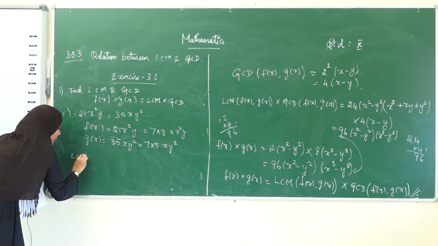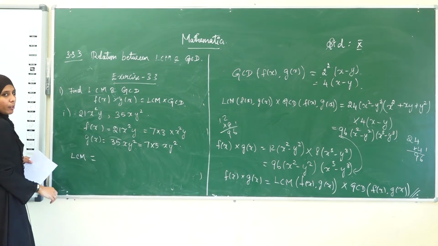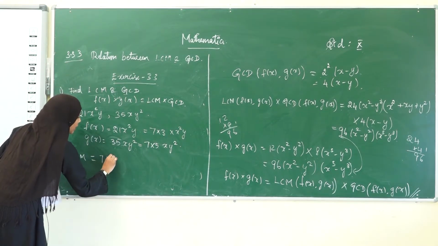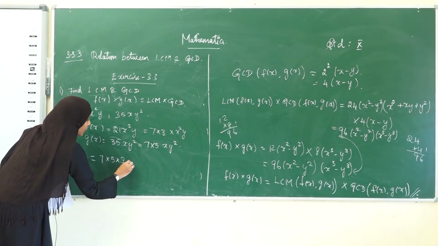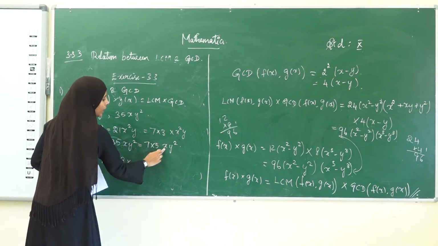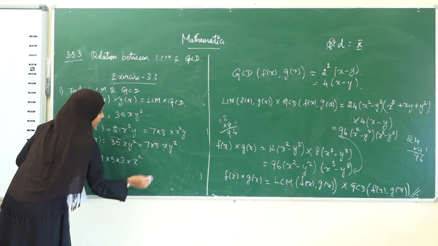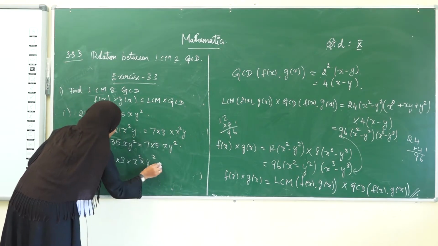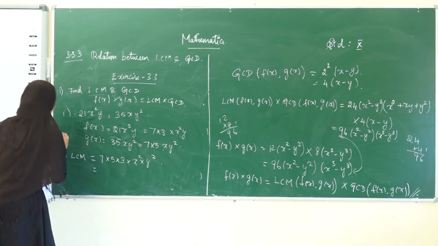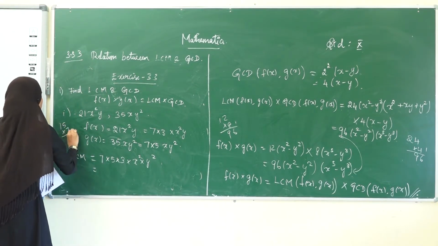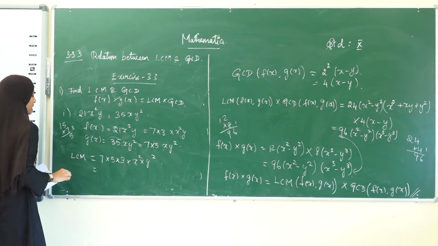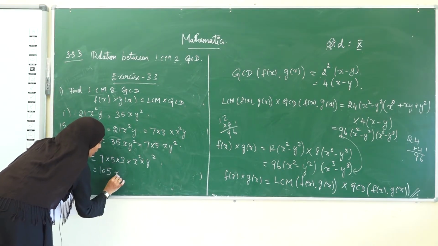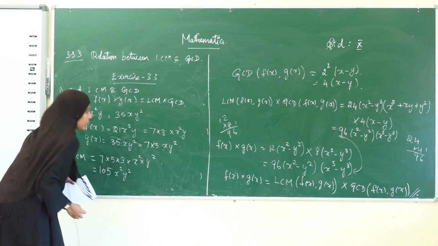Now the LCM of f of x comma g of x. Here we have 7 into 5 into 3, in the x term here we have x square and here we have x, therefore we take x square. Here we have y and here y square, so y square. The LCM is 15 into 7, that is 105 into x square into y square.